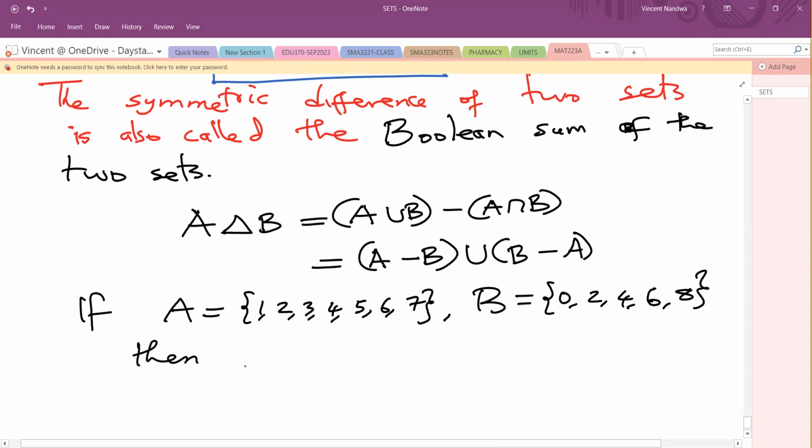Then A minus B will be given by 1, 3, 5, and 7.